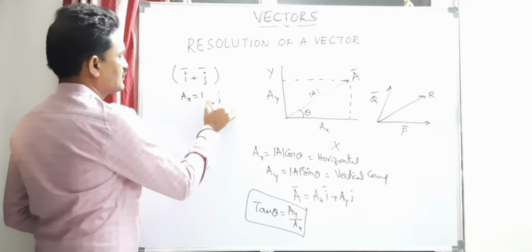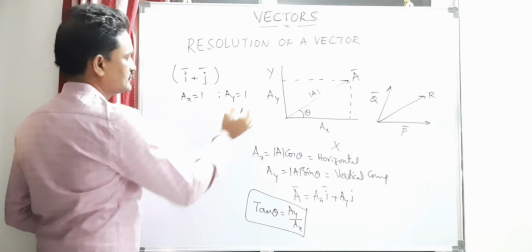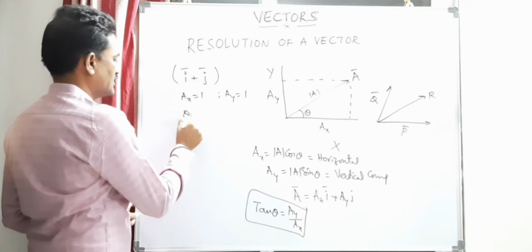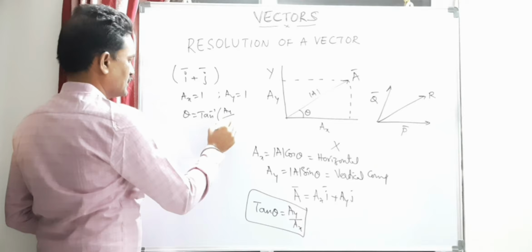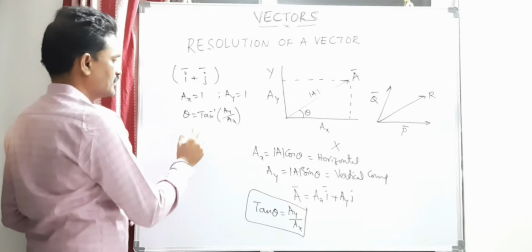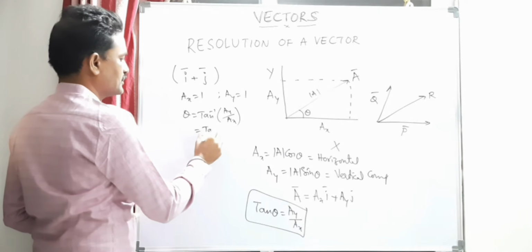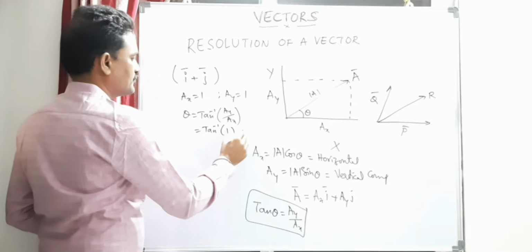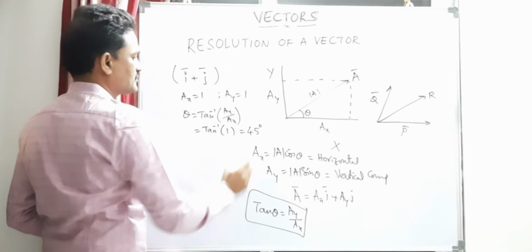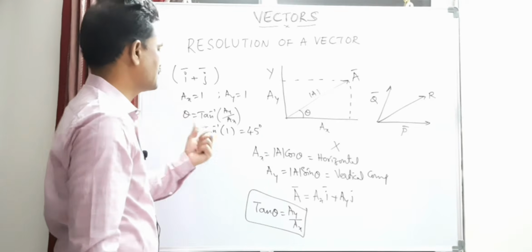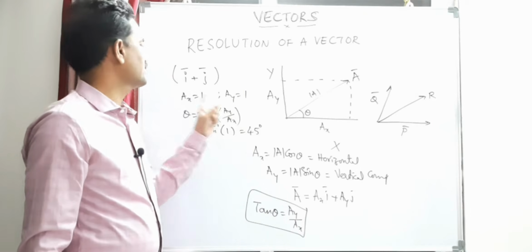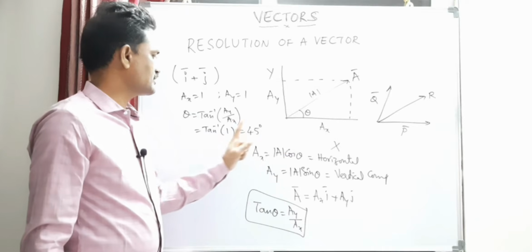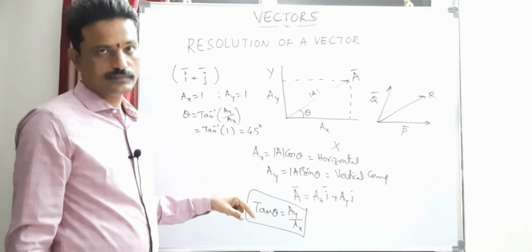AX is 1 and AY is also 1. From this I can write theta is equal to tan inverse AY by AX. So I'll get tan inverse 1 which is equal to 45 degrees. This is a 2 marks question in the exam. In the recent exam, it was asked. The angle made by the vector i plus j with the x-axis is 45 degrees.